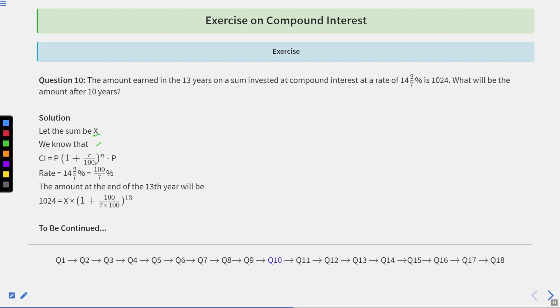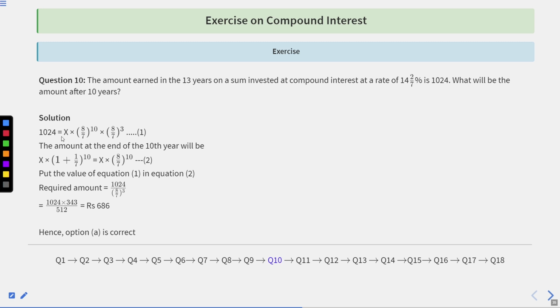And we know that compound interest is equal to principal into 1 plus r upon 100 to the power n minus p. The rate is equal to 14 2 upon 7%, which is 100 upon 7. The amount at the end of 13th year will be 1024 equal to x into 1 plus 100 upon 7 times of 100 whole to the power 13.